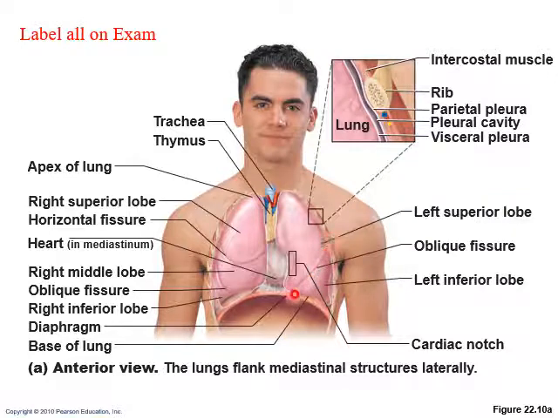You need to say left and right on the oblique fissures, because there's one on each side. You don't need to say left or right with middle, because there is only one. And you don't need to say left or right with horizontal fissure, because there is only one. Okay? If you say right, it's not going to be wrong. Just make sure you don't mess up and say left, because I'm going to have to count that wrong.